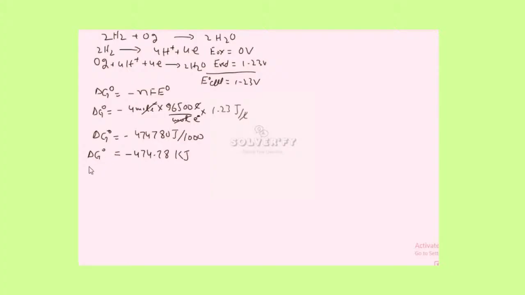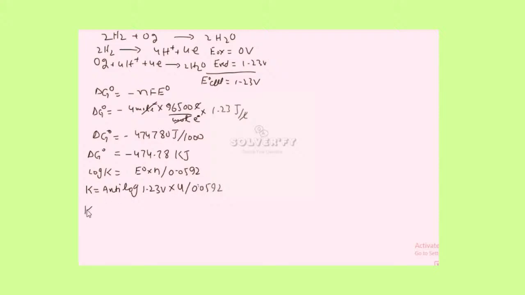Now to calculate the equilibrium constant K for the reaction, we say that log of K is equal to E naught n divided by 0.0592. This is the modified equation. So K is equal to antilog of, where E naught is equal to 1.23 volt, n is equal to 4, divided by 0.0592.